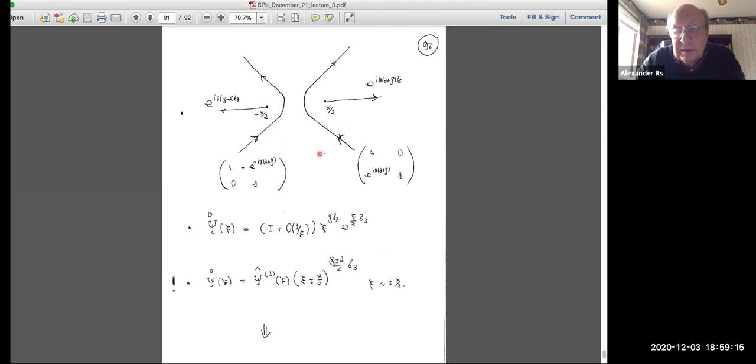Then I use steepest descent for my original problem to calculate double scaling asymptotics. I arrive at some model problem with the parameter x, which is a double scaling parameter, and I can use this nonlinear steepest descent to derive connection formulas for solutions of this Riemann-Hilbert problem, to be able to describe the transition asymptotics.